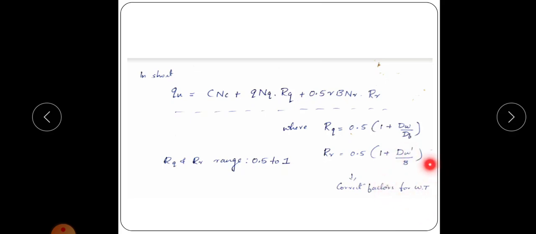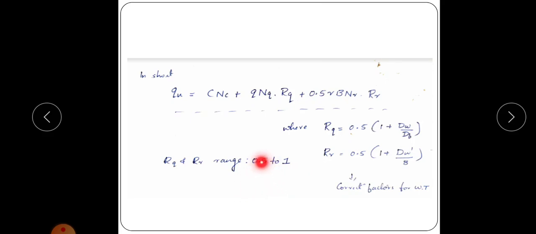Okay, so this is the correction factor for water table, and the values of Rq and Rγ vary from 0.5 to 1, that is, the minimum value is 0.5 and the maximum value is 1. So in a problem, if you get the value of Rq and Rγ less than 0.5, for example 0.3, you have to approximate it as 0.5.